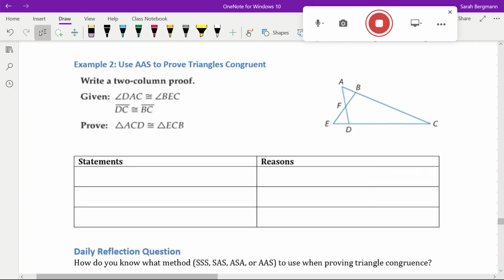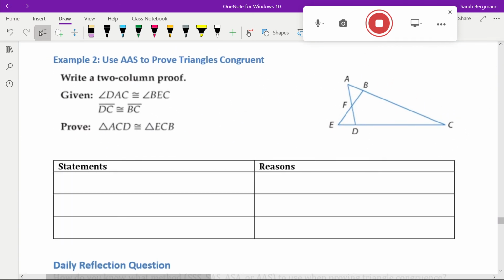Let's try using this in a proof. So I'm trying to prove triangle ACD, this triangle, is congruent to triangle ECB, this triangle.